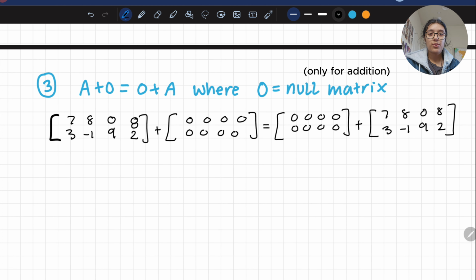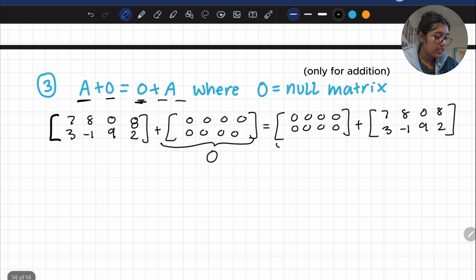Now I'm just going to go over a few more properties. And our next property is saying that matrix A plus this O is equal to O plus matrix A. Now, what is this O? This O is essentially a null matrix. And a null matrix is where every element in that matrix is just 0. So this is going to be O and this is going to be O because every element in that matrix is 0. And this is going to be A. And now this is sort of like the commutative property we saw.